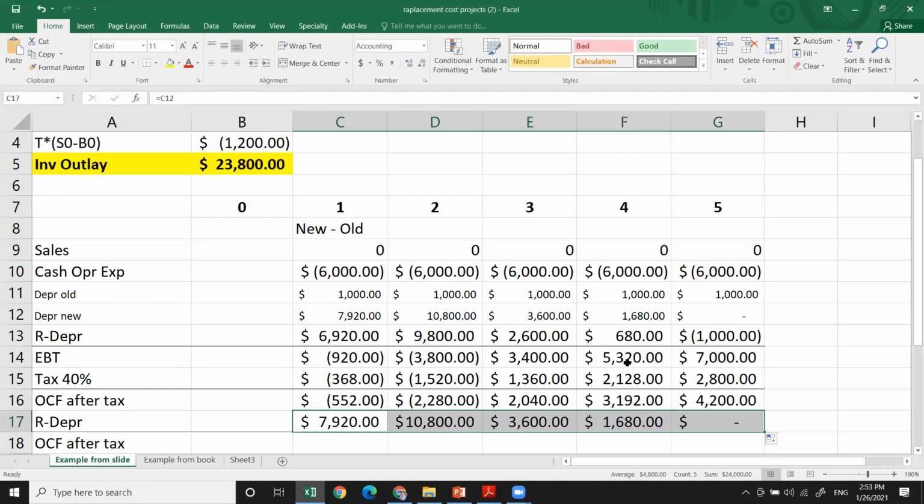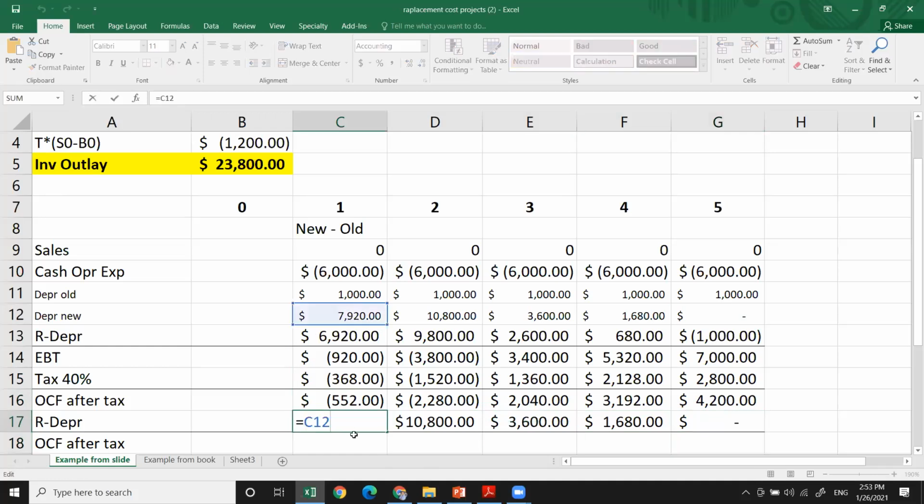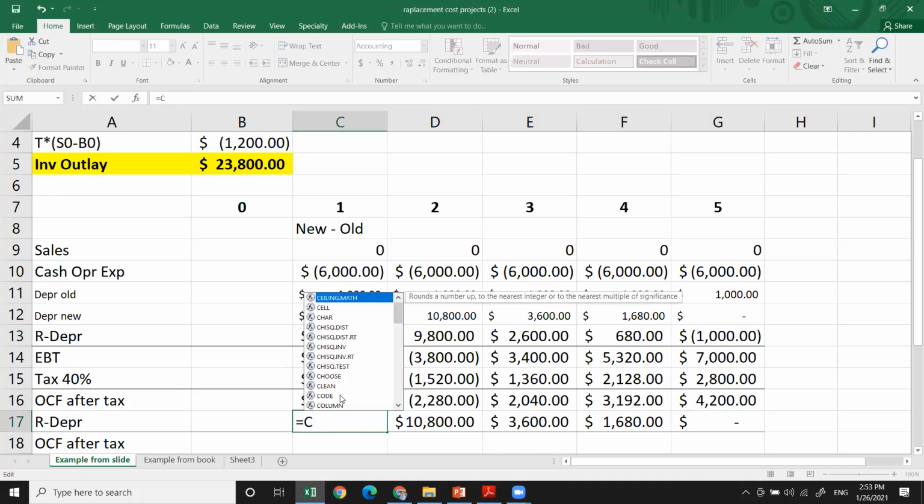Did I enter depreciation correctly? No. So I should enter this one, the recalculated one. Yep. So there is a mistake that I made.